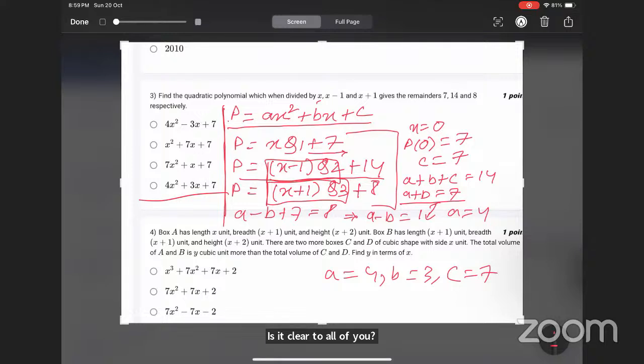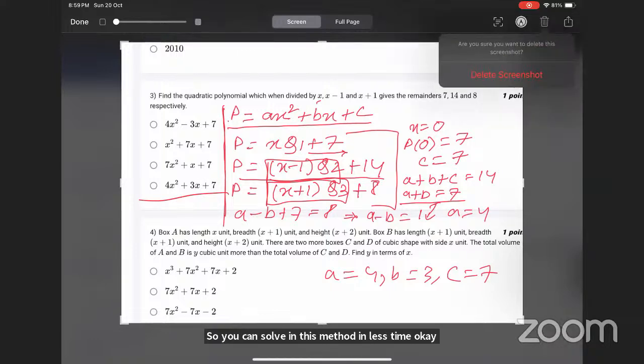Ma'am, is there any alternative method? Alternative methods are there. You can check with equation to equation, but all the methods are basically time taking. You can solve in this method in less time. So I will suggest you to do this in this way.